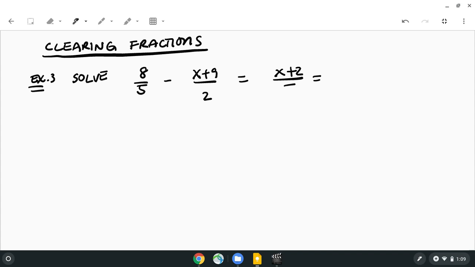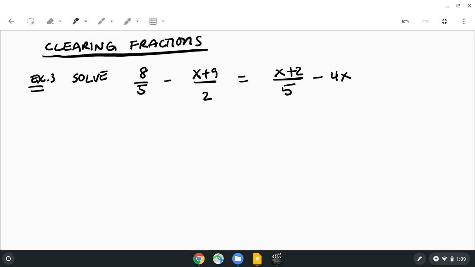Okay, this is supposed to be a 5. All right, 8 over 5 minus x plus 9 over 2 equals x plus 2 over 5 minus 4x.